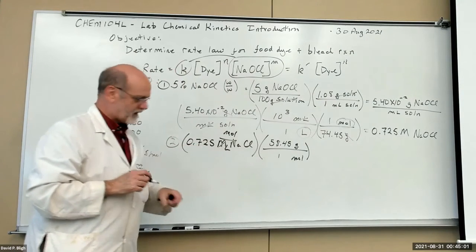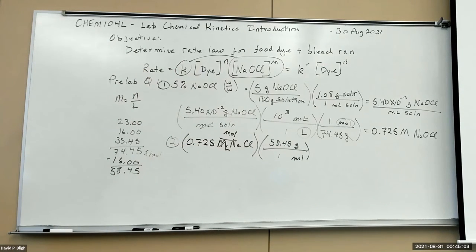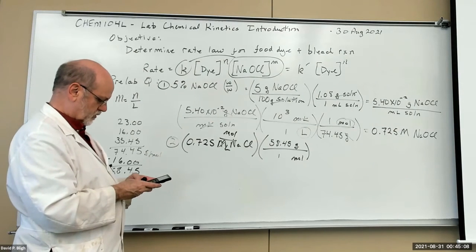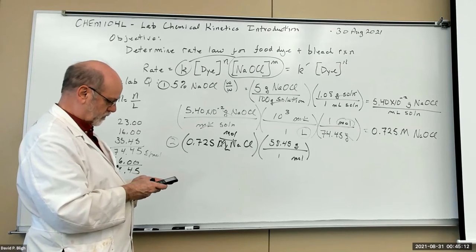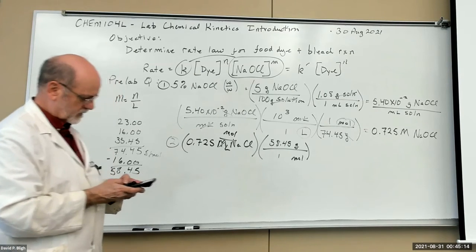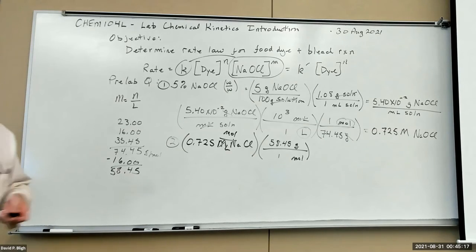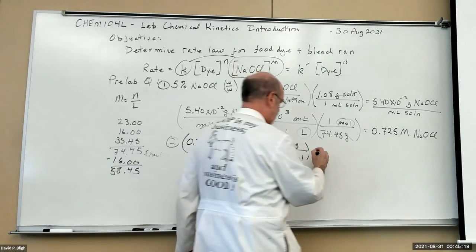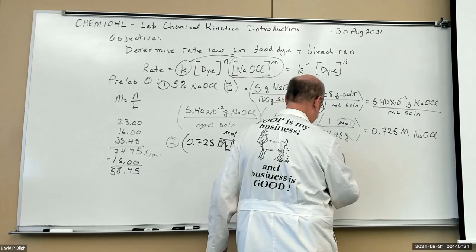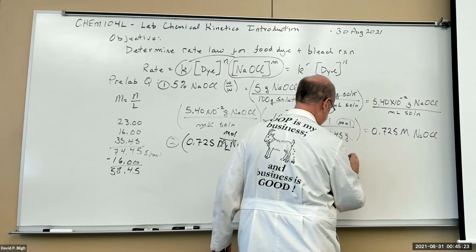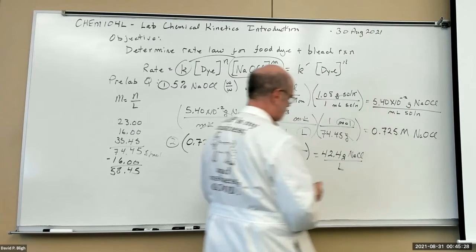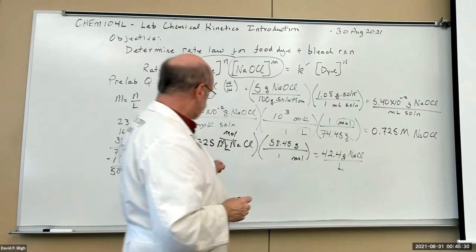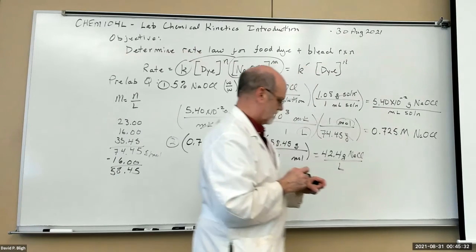So that times that should give us the answer. 0.725 times 58.45 is 42.4 grams sodium chloride per liter will give you the same molar concentration as that.